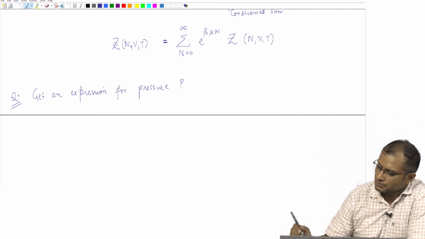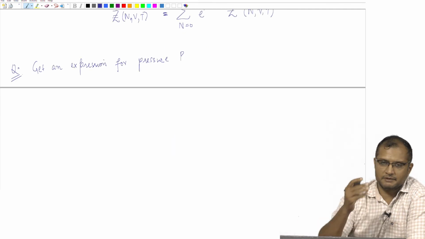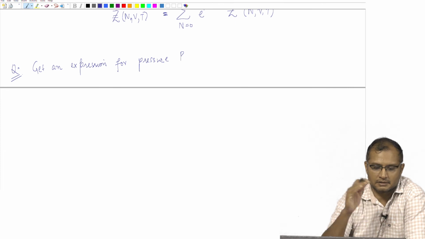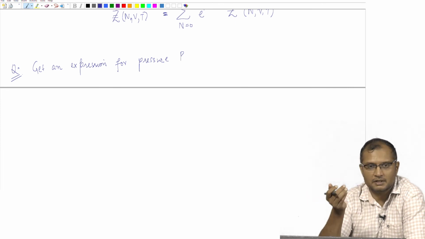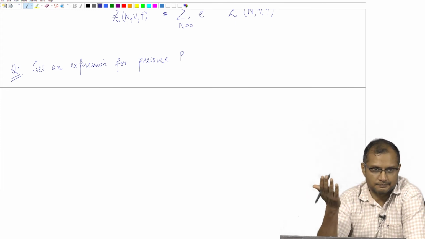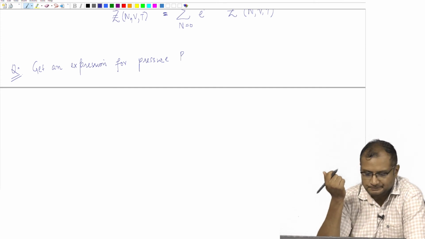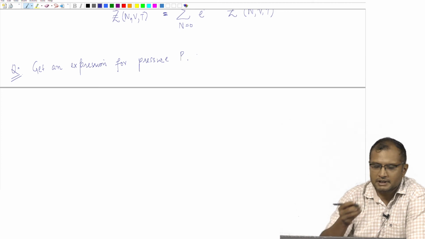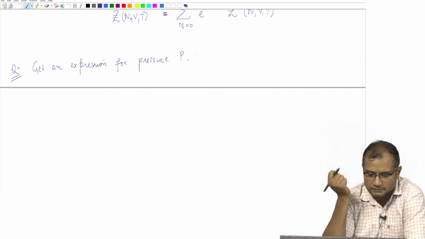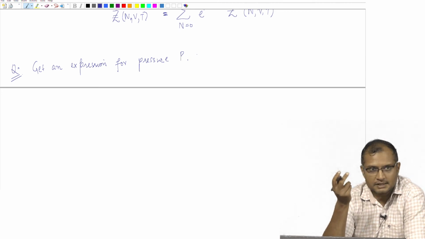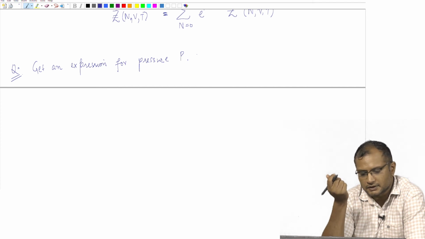Okay. So, you know already by now that between statistics and thermodynamics there always exists a symmetric relationship that comes from the partition function. So, we need that expression here.